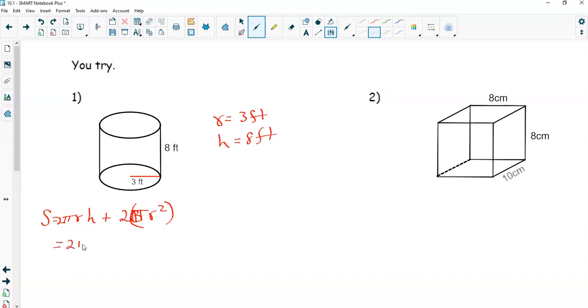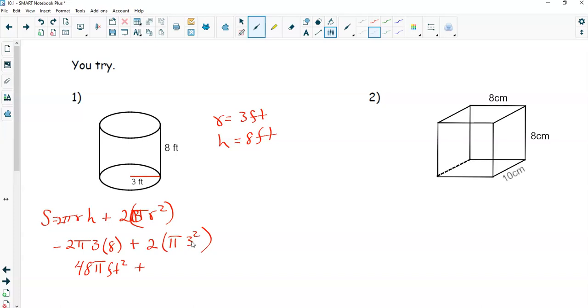So 2 pi, radius is 3, times 8 plus twice pi 3 squared. There we go. 3 times 8, that's 24. 24 times 2, that's 48 pi square feet.